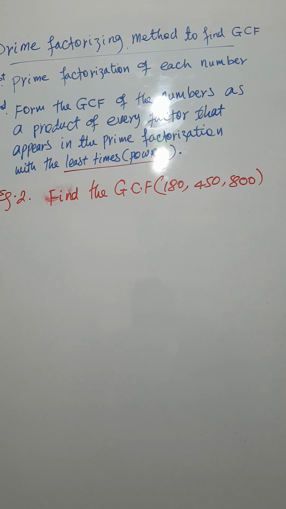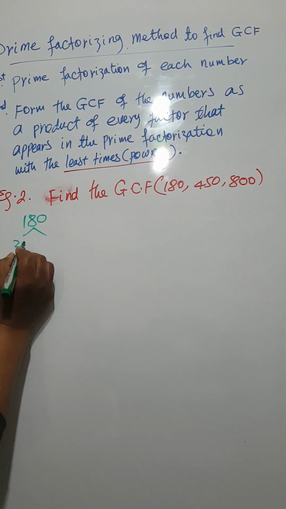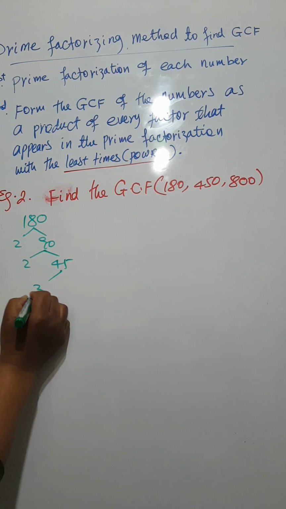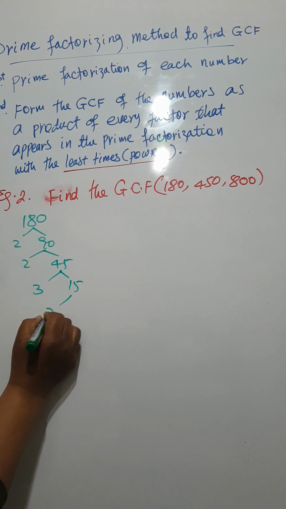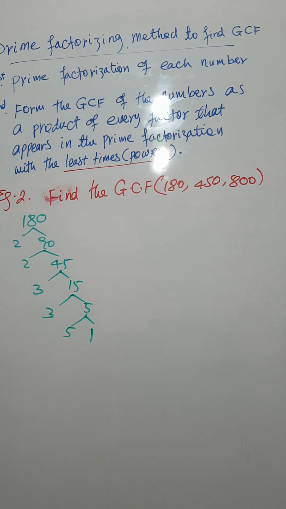Now here, the prime factorization for each number is as follows. 180: divide by 2, 90 by 2, 45 by 3, 15 by 3, 5 by 5, 1.